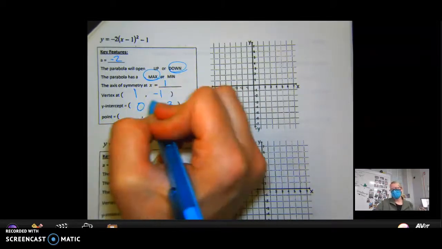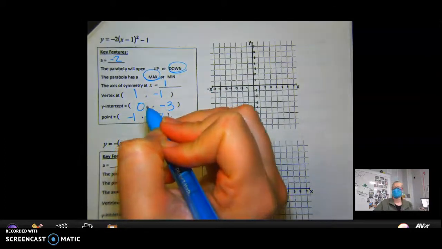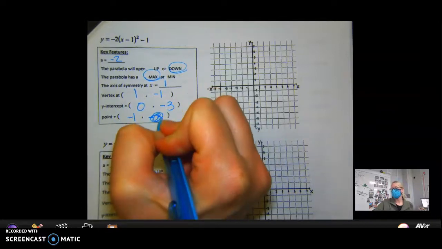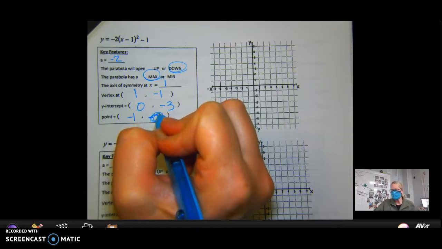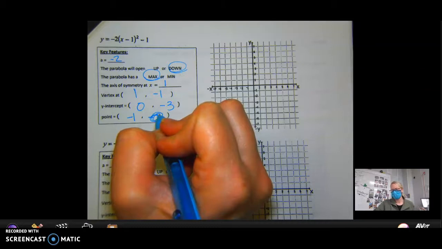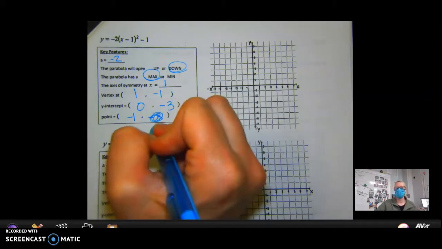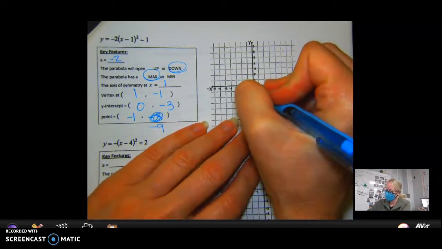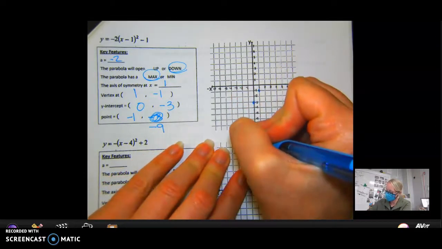If I did 2, you would have gotten -3, and that doesn't help us much. So if I put in -1, what do you get for an output? Awesome. Okay, so up 1, down 1, 0, down 3, back 1, down 9.